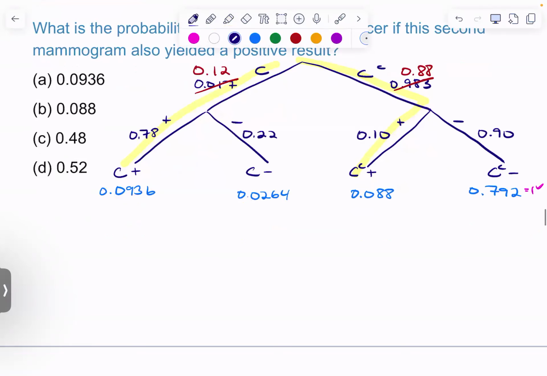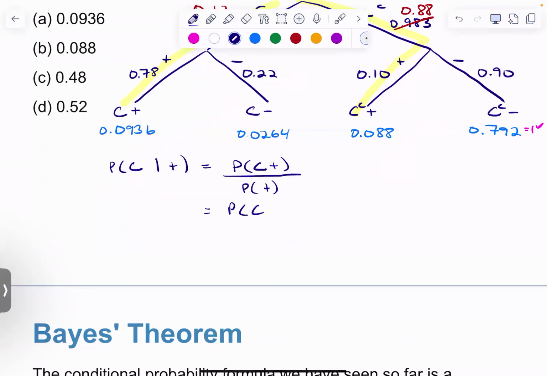So we want to find the probability of cancer given a positive result, which is the probability of C and a positive result divided by the probability of C and a positive result, or the probability of not C and a positive result. Takes longer for me to say it than to write it, I think.